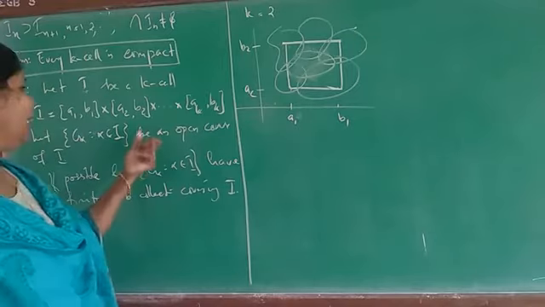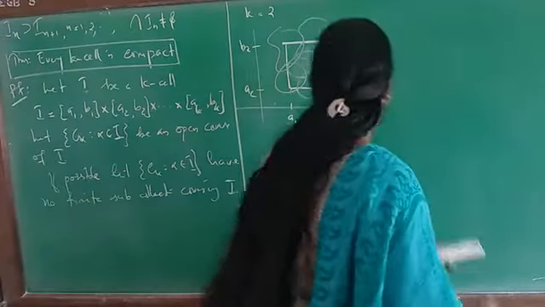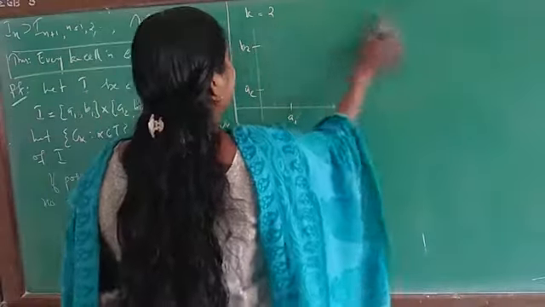So we are assuming we have an open cover having no finite subcover, and we may arrive at some contradiction. So we are proceeding like this.